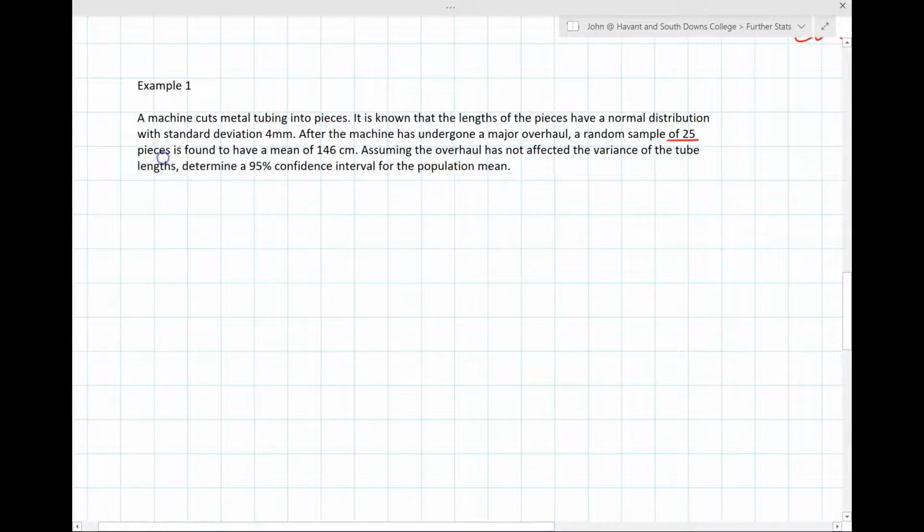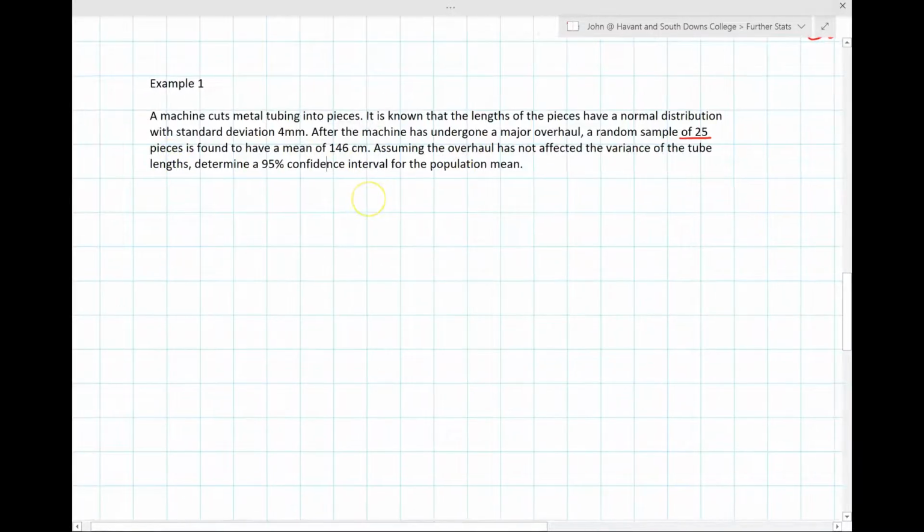Okay. So before I do the question, let's think back to some of the points I was making before. Can we use a Z distribution? In fact, we should definitely use a Z distribution here, because it's known that the pieces are normally distributed.